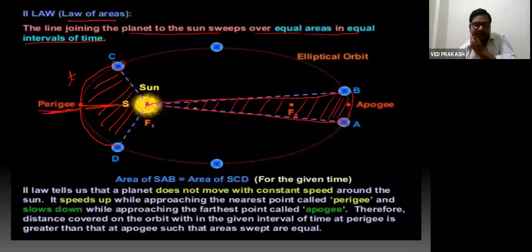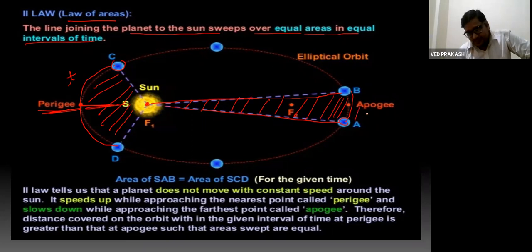So we can conclude here that since these two areas are equal, from A to B the planet will move slower, and from C to D it would have moved faster, right?